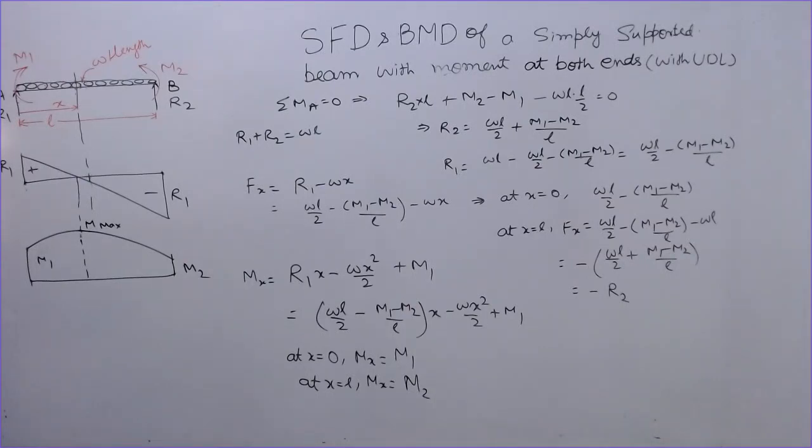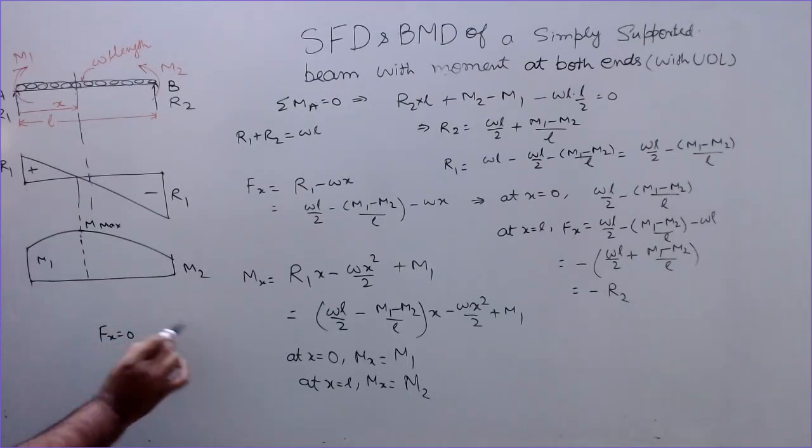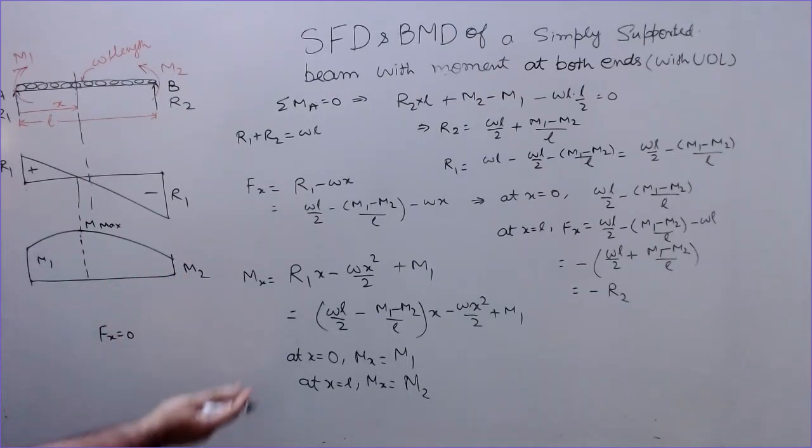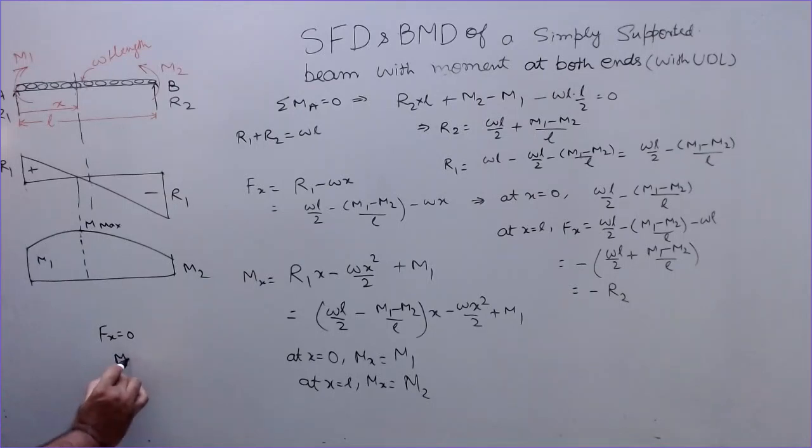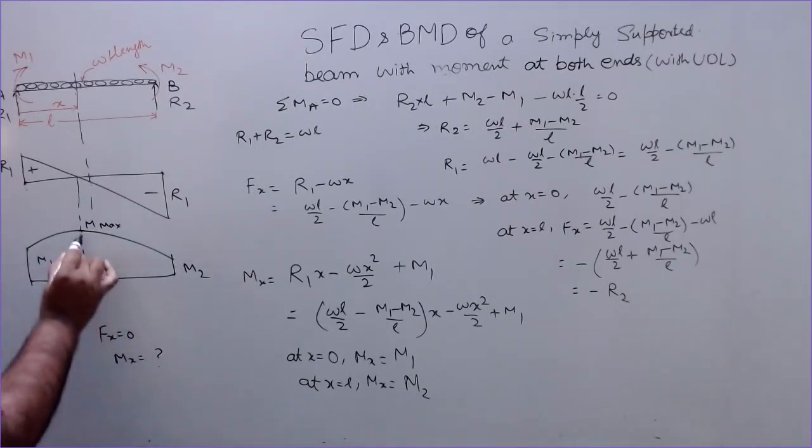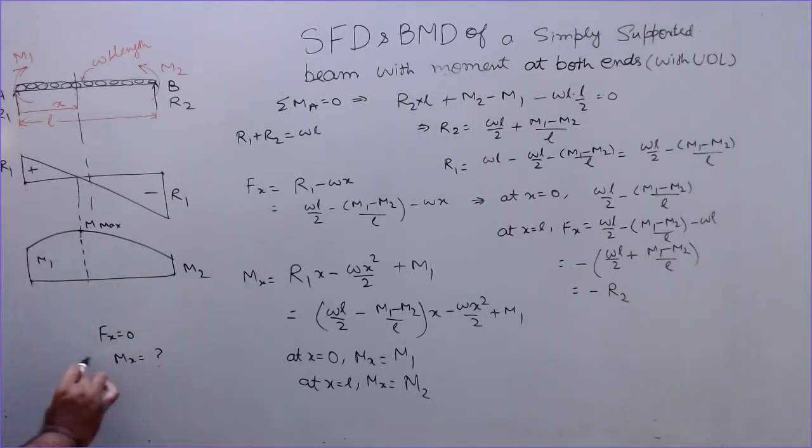Put shear force Fx equal to 0 and get the value of x. At that value of x, find what is Mx. That will be the maximum bending moment. So this is how you can draw the diagrams of a beam which is having a UDL over its whole span.